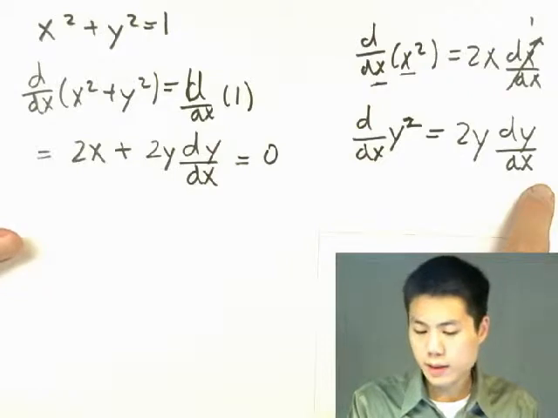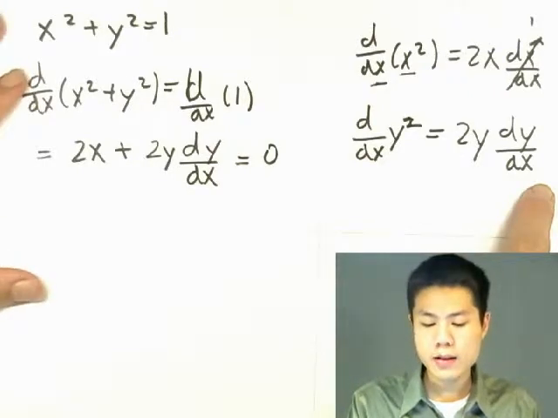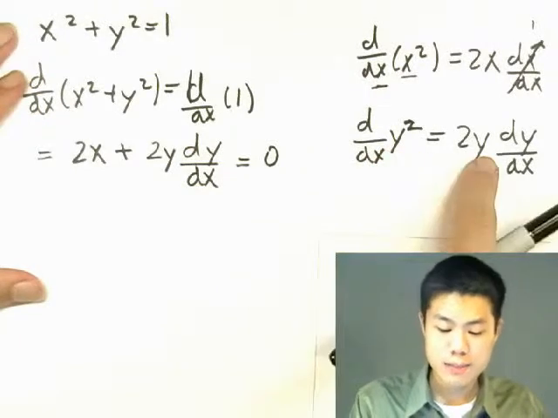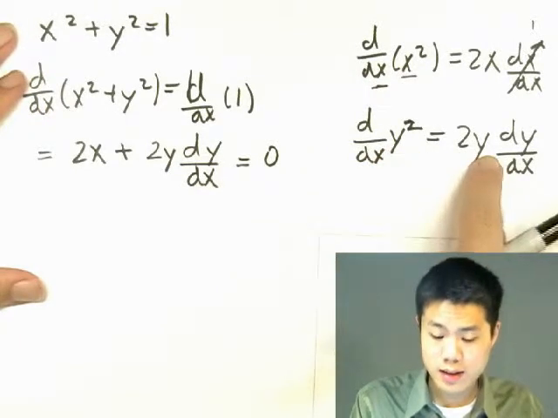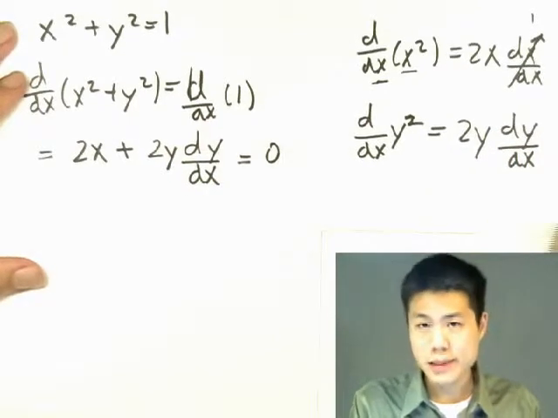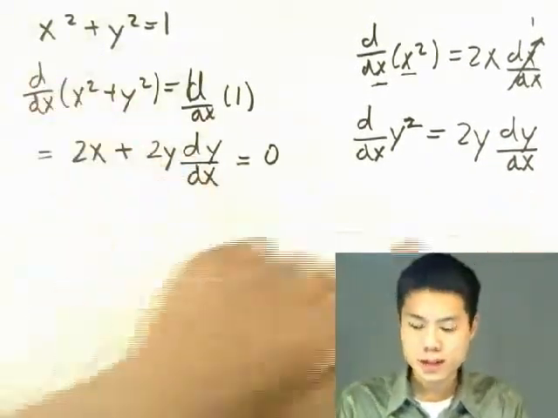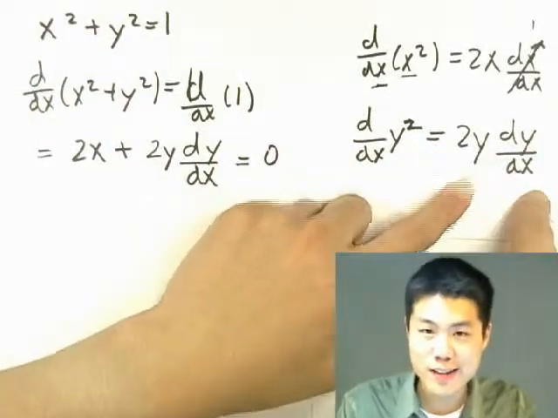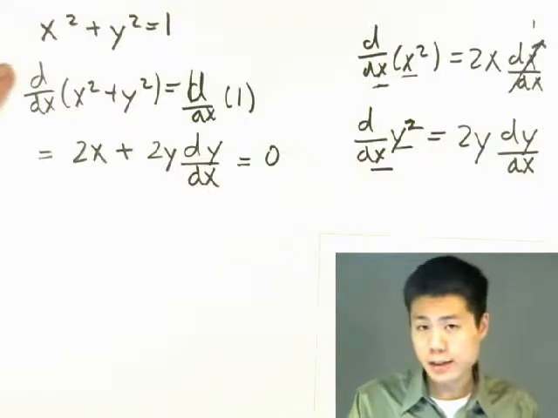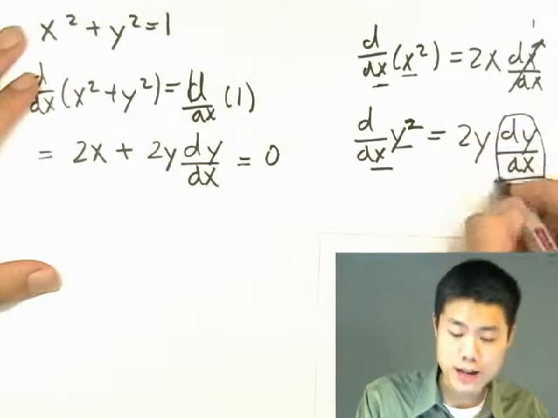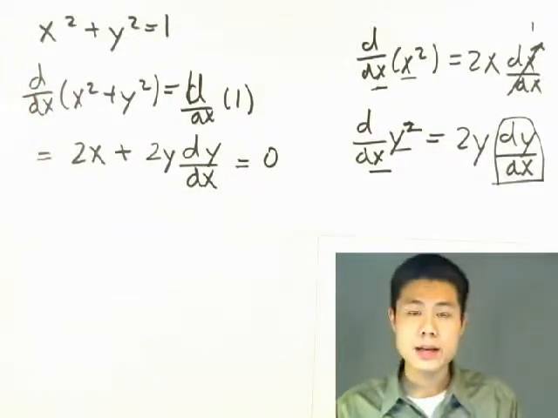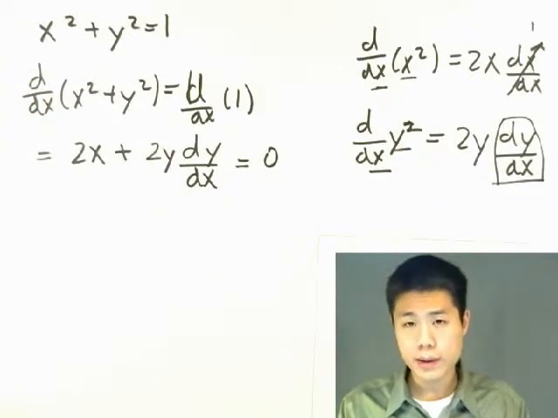You could think of it as pretending that this was x first, doing it, and then adding this thing at the end. Not the best way to think about it, but do you understand what I'm doing here? Okay, so we see that these two are not in the same variable, so we have to add this term at the end.